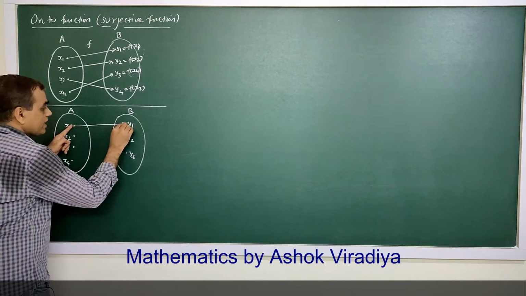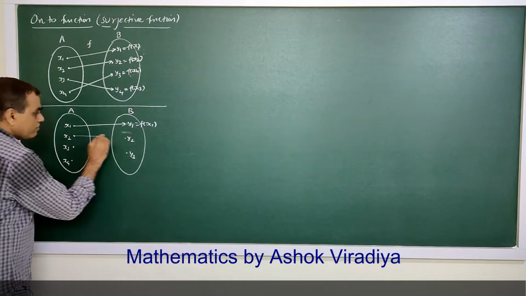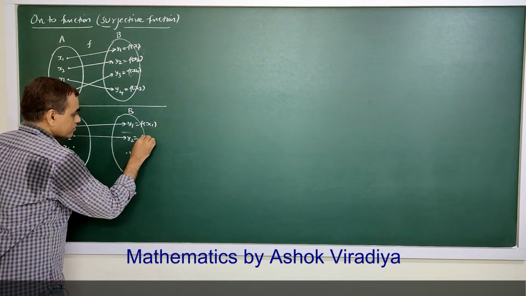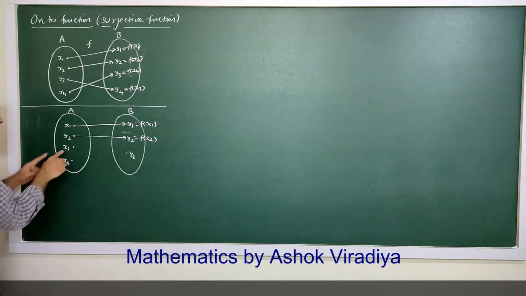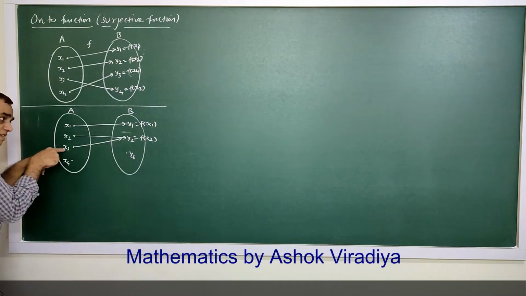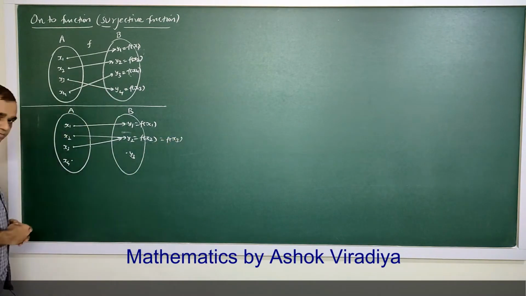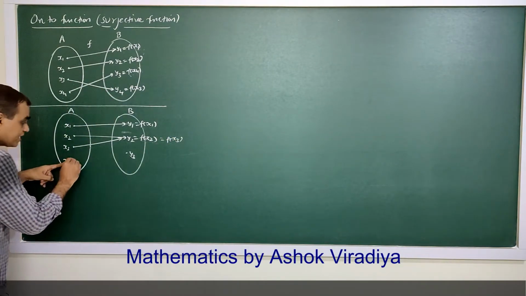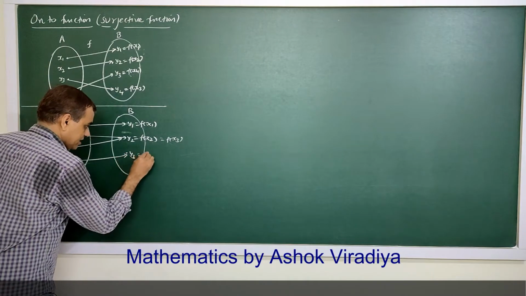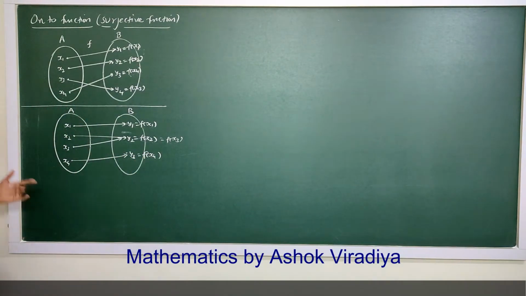Image of x1 is y1, image of x2 is y2, image of x3 is also y2. This is also the image of x3. Image of x4 is y3. This is the image of x4. Suppose this is a function g.